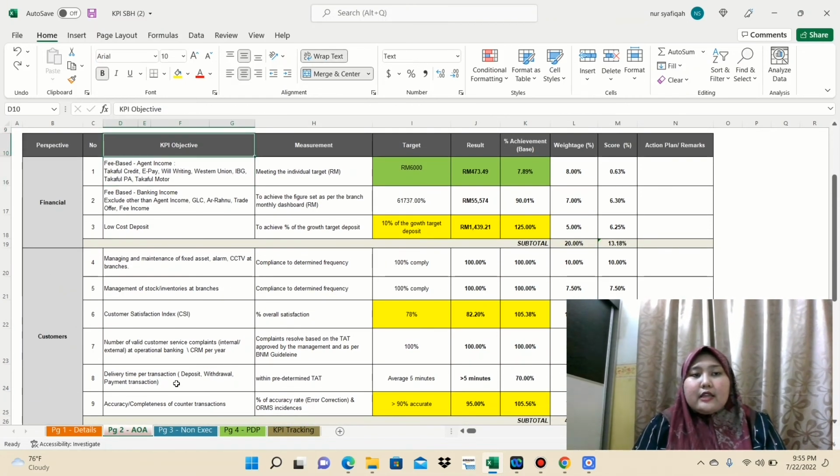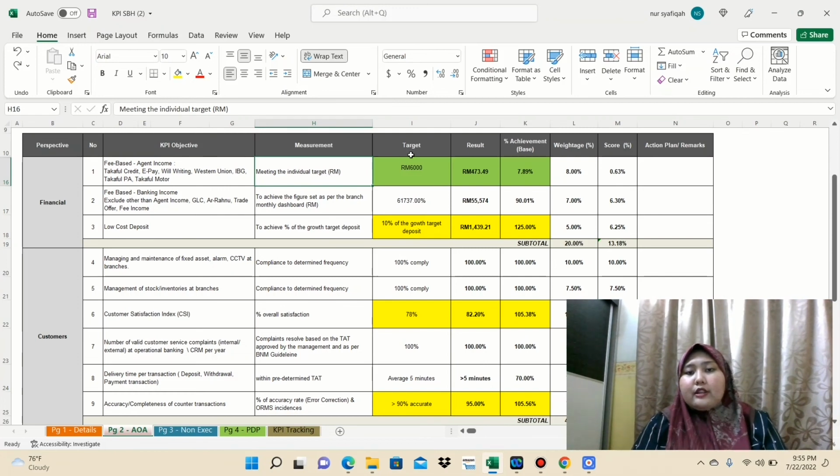For the example of KPI objective for financial, number 1, fee base, which is agent income, the measurement is meeting the individual target. The target is 6,000. The result the employee gets for the year to date is 473 and 49 cents.